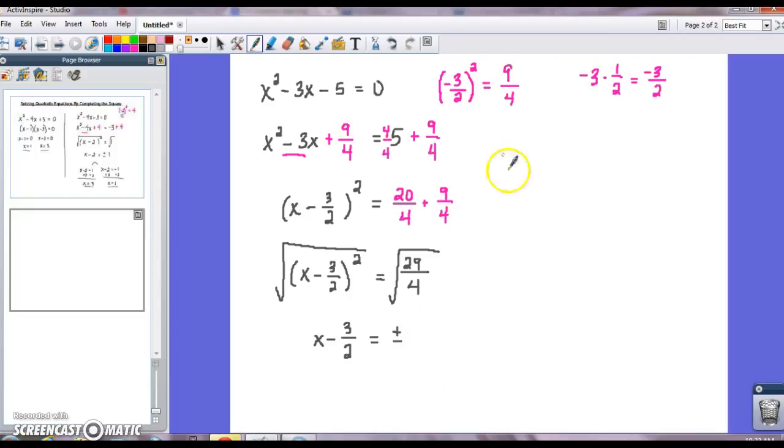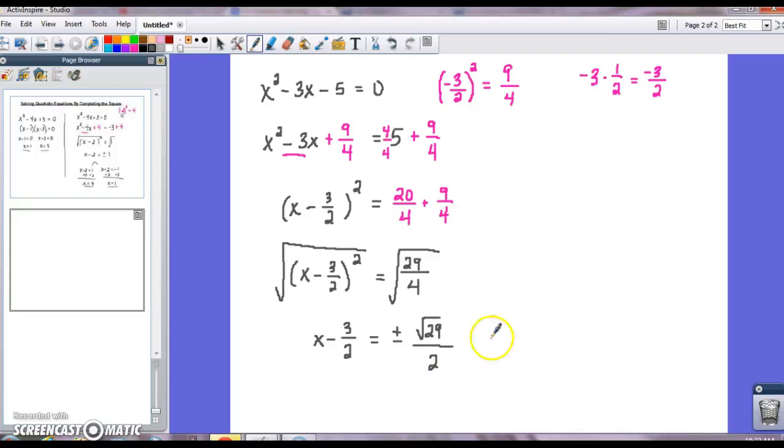Now, the beauty of completing the square is that the denominator you have over here is going to be the same denominator that you have over here. So, when you take the square root of a fraction, you're taking the square root of the numerator and the square root of the denominator. The square root of the numerator is just going to be the square root of 29. The square root of 4 is just 2.